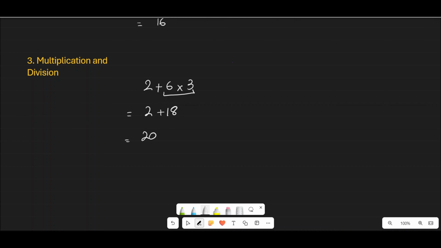And for multiplication and division, we have a rule that we have to perform multiplication and division from left to right, moving left to right. This is in case we have multiplication and division in the same expression. For example, we have 4 multiplied by 6 divided by 3.